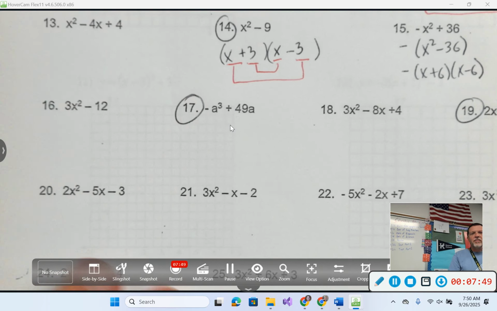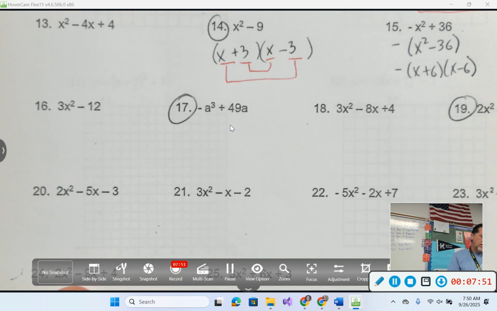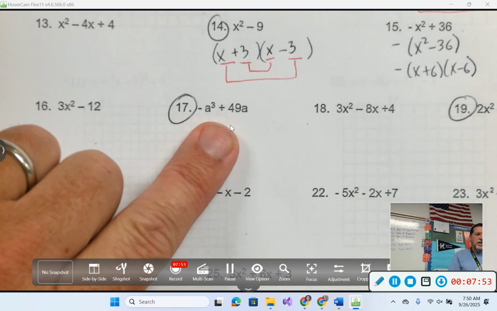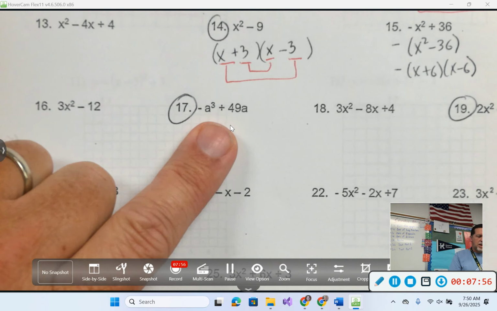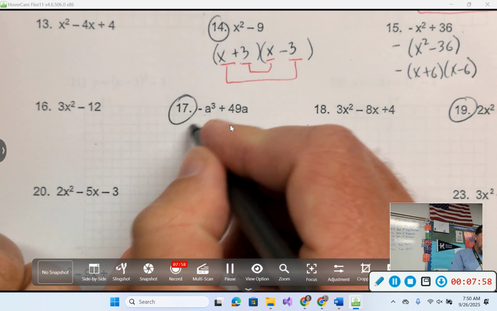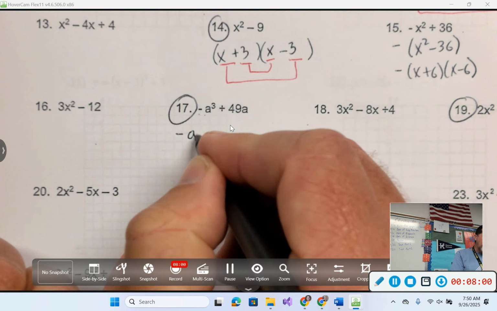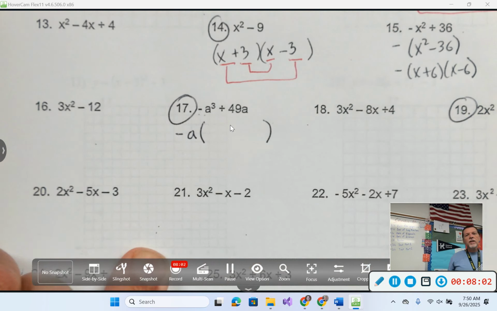What about 17? Let's take out an A, and let's take out a negative. So let's take out a negative A. So this isn't unfoiling, this is undistributing.